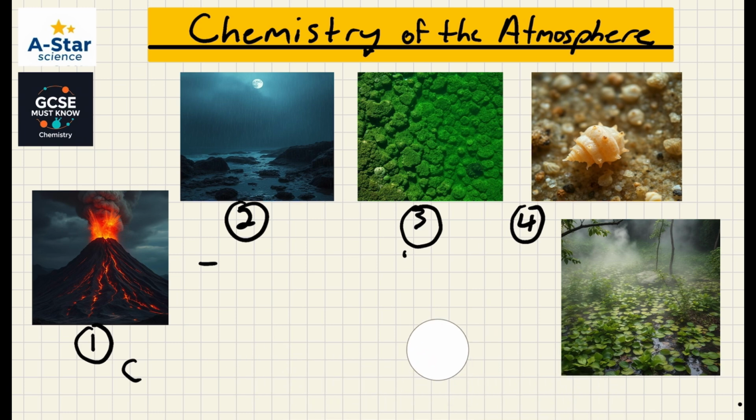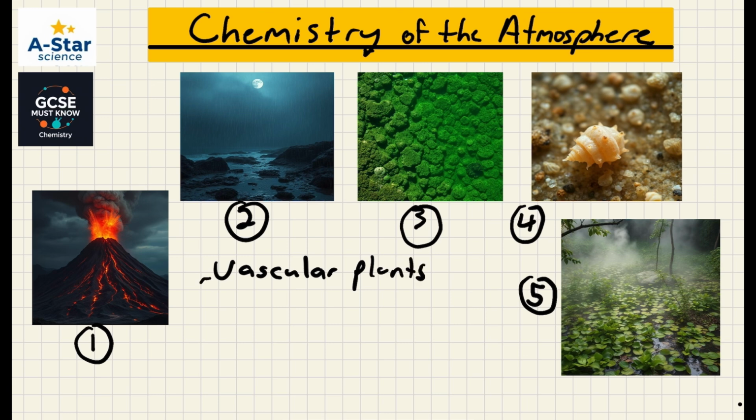Now, when the large plants would start to form, like we see in stage 5, we call these vascular plants because they have veins and different structures to carry fluids within them. They're not like cyanobacteria and algae. These were vascular plants. These large plants will start to produce a lot more oxygen, but of course, they need carbon dioxide to do this through that same process of photosynthesis.